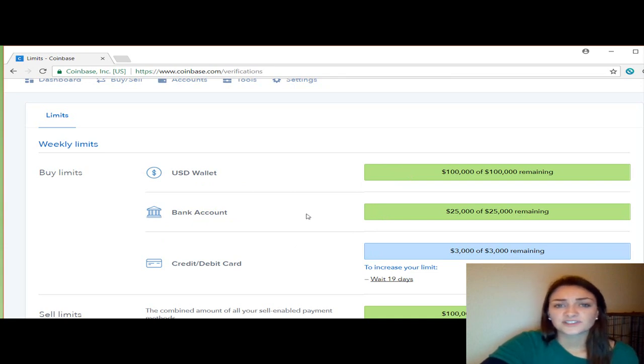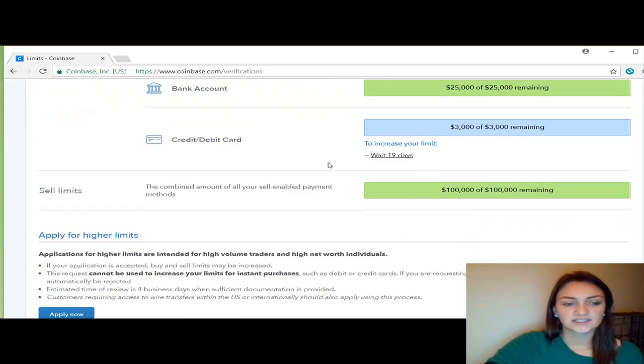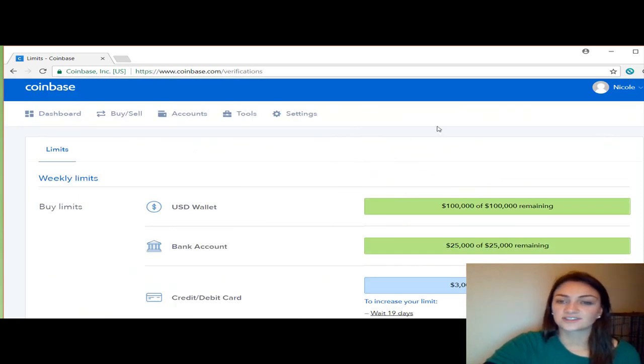Do know that when I first started off, these amounts were much smaller, and I did have to add my driver's license and make bigger purchases for these limits to go up. So it's just kind of how the system works, and you have to work your way into it, but it does get better, and these limits do increase. You just got to be patient sometimes.